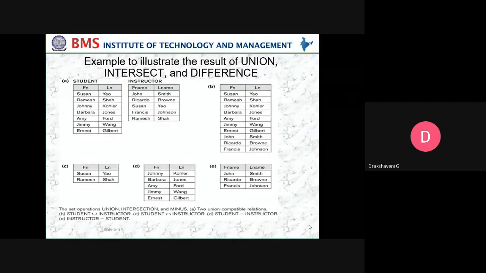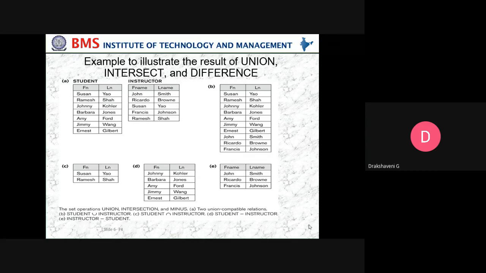So examples of union, intersection, and minus. Either you do union, and union is what? Combining both the relations. Here we have a student relation and an instructor relation.